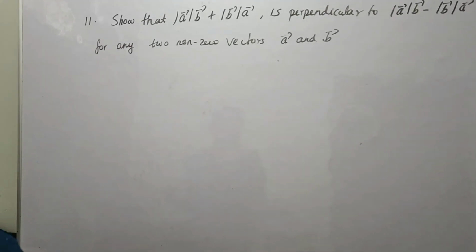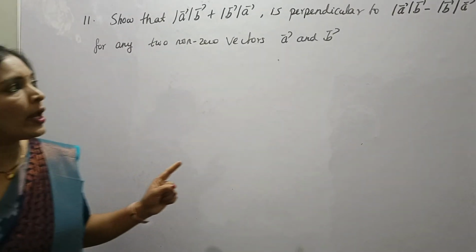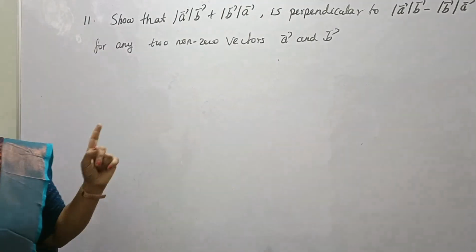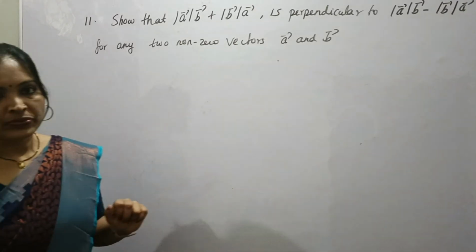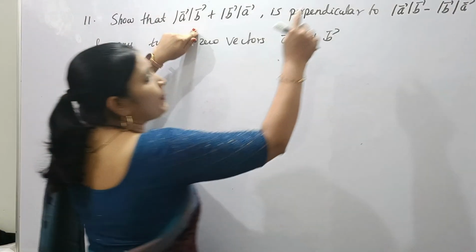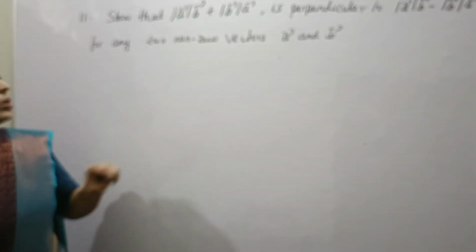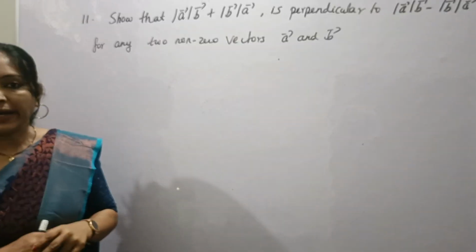Show that modulus vector A into vector B plus modulus vector B into vector A is perpendicular to modulus vector A into vector B minus modulus vector B into vector A, for any two non-zero vectors vector A and vector B. Here we have to prove this vector is perpendicular to this vector. For that we have to show the scalar product of these two vectors is 0, right?